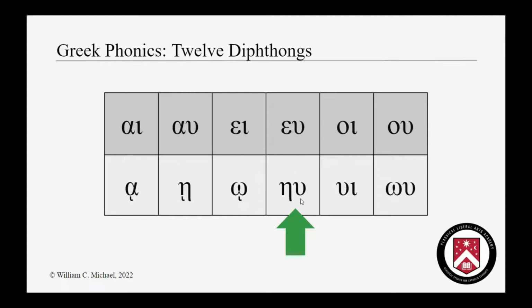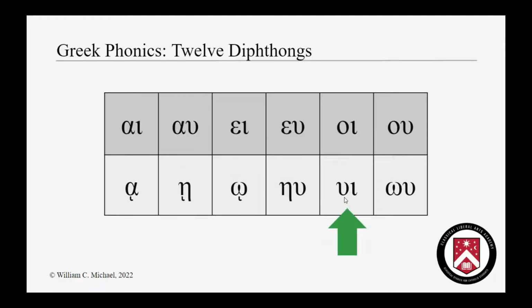And you can see it's difficult to pronounce. Imagine pronouncing that in the middle of a word, especially because the eta is long. To make the long vowel sound and then shift to the upsilon is difficult to pronounce, and it's not very pleasant to hear. Eu, pronounced as a single sound together.